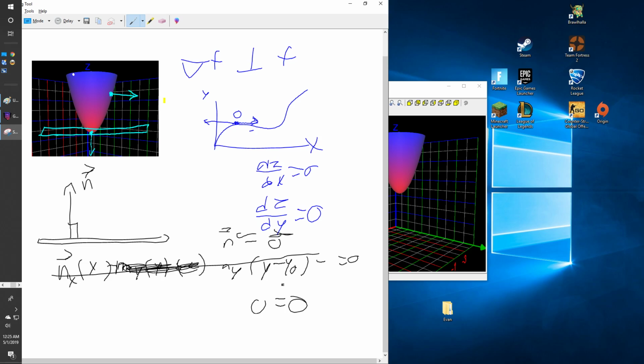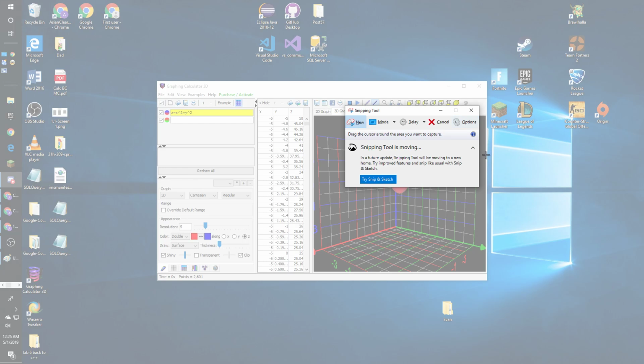So when there's a max or a min, the gradient vector is going to be 0, because the perpendicular is going to be a 0 vector, and because you use the perpendicular to make a plane equation, it's going to be equal to 0. That's basically how you identify critical points.